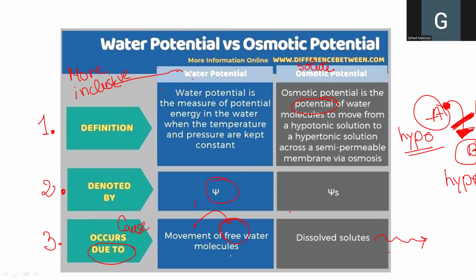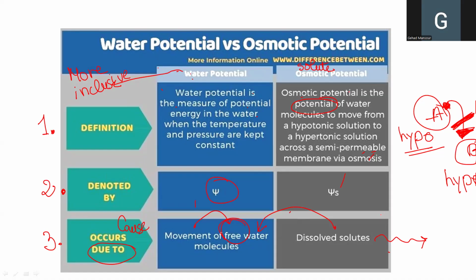You might be asking yourself now, why are we differentiating between dissolved solutes and the movement of free water molecules if the presence of dissolved solutes results or triggers the movement of free water molecules? So it seems illogical to differentiate between them as if they were a difference between water potential and osmotic potential.